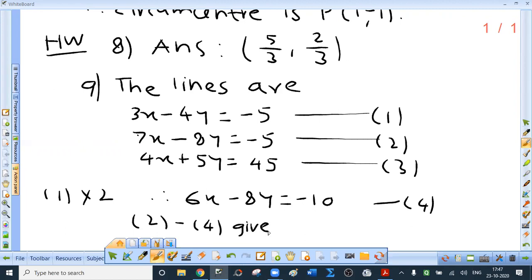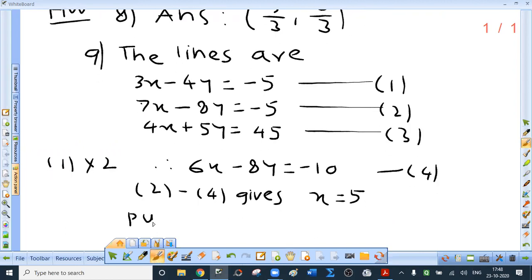I'm not saying this is the only possibility. You can go for second, third, or first, third. That is your choice. 2 minus 4 gives us 7x minus 6x, that is x, then minus 5 plus 10. So I have got x equal to 5.